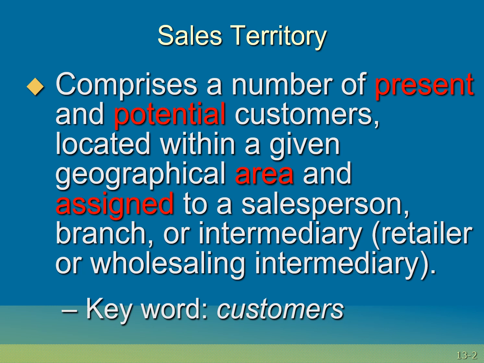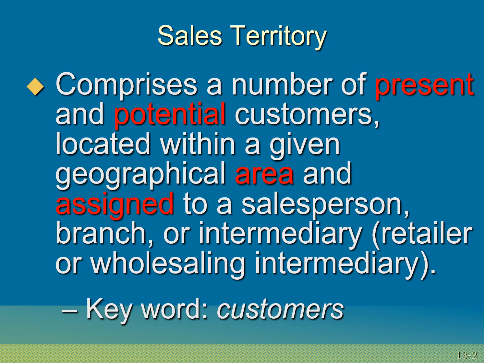A territory comprises a number of present and potential customers located within a given geographical area and assigned to a salesperson or to a branch or to an intermediary, either a retailer or wholesaling intermediary.